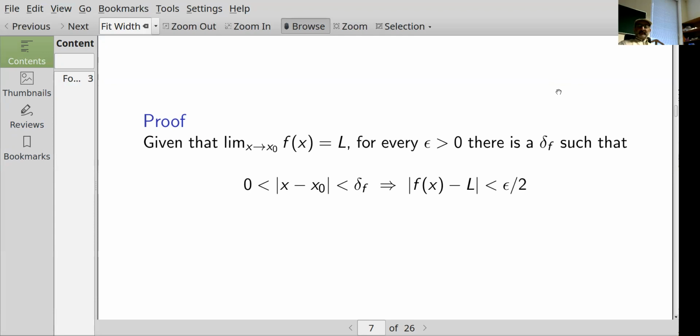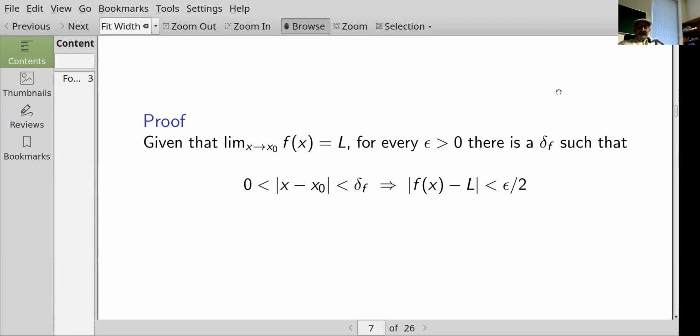One is that we're talking about functions f and g, and the delta for the function f and the delta for the function g might be different.